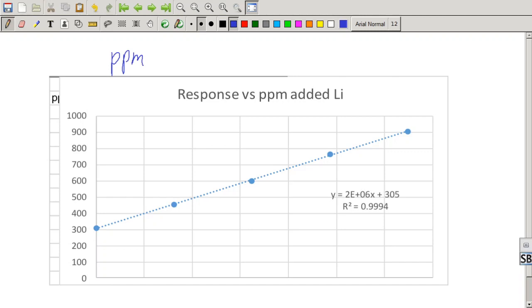You take the intercept and divide it by the slope. Yeah, so we're going to take the intercept, which is 305. And we're going to divide that by 2 times 10 to the 6th. That doesn't sound right, does it?